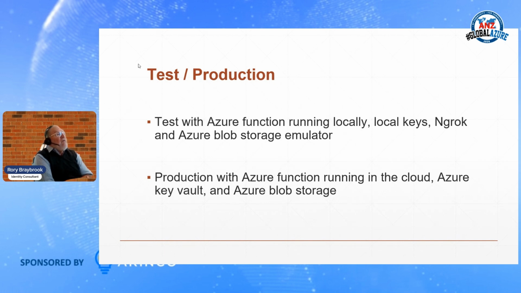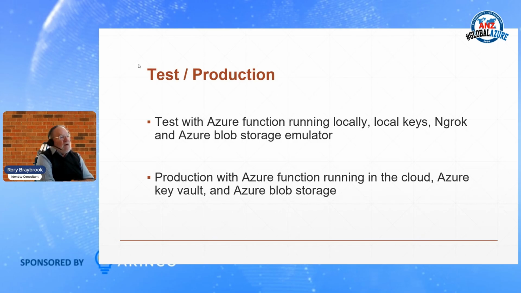So when you're running it locally, you can run your Azure function locally. You can use local keys. Obviously, B2C and Entra External ID need to talk to your local host, so you have to use ngrok, which is just a proxy. And you use the Azure Blob Storage emulator. So you can do everything locally, the just-in-time, the Azure function, everything you want to, and it'll just work.